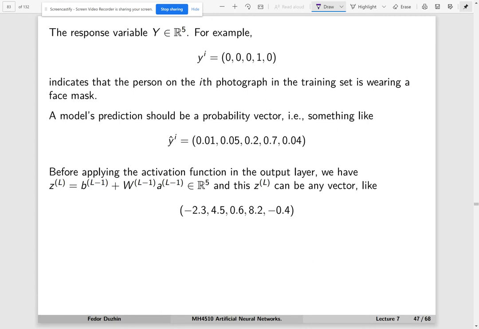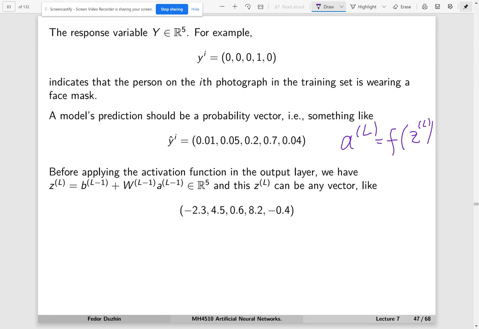But before applying the activation function in the output layer, right? The activation in the output layer is AL. Before applying it, this AL is our activation function F applied to ZL. And ZL is the result of the matrix transformation applied to the input from the previous layer, the layer L-1.